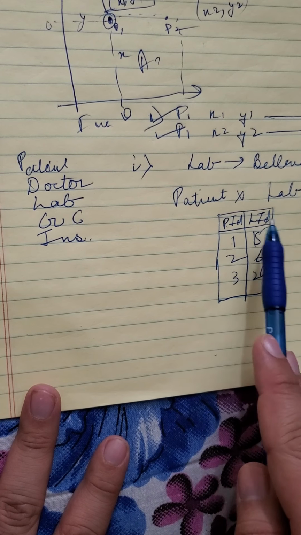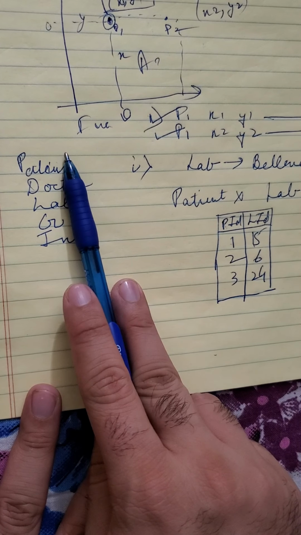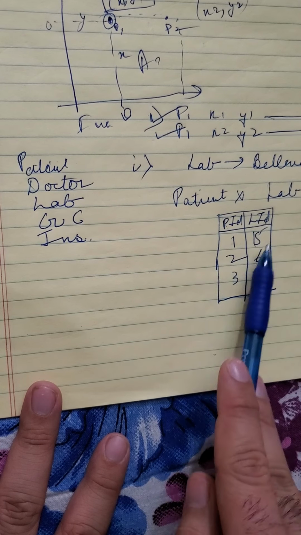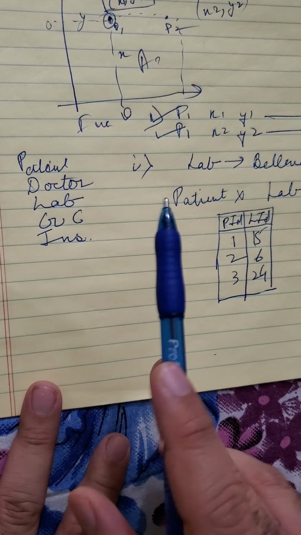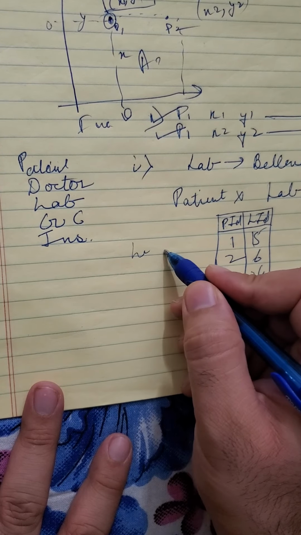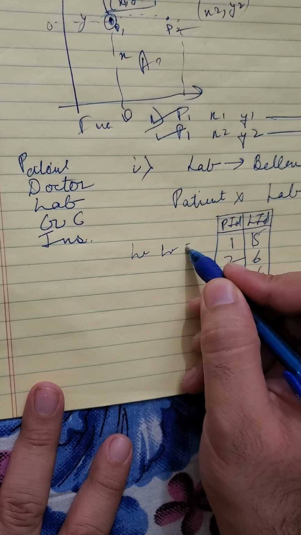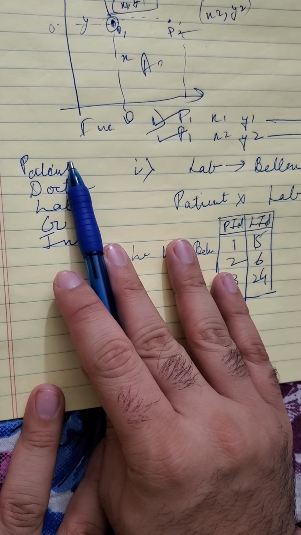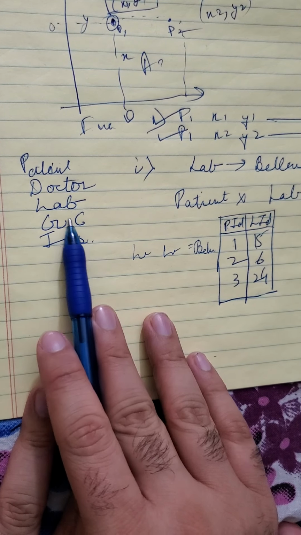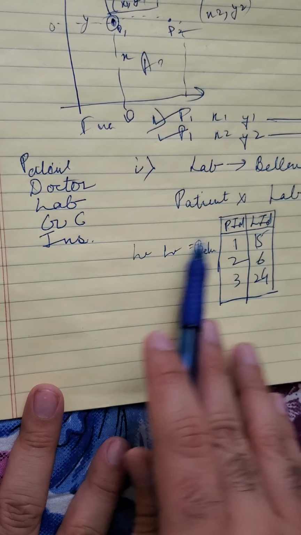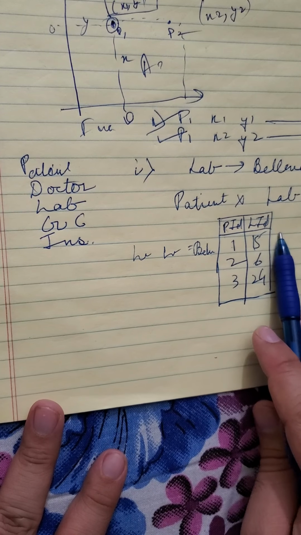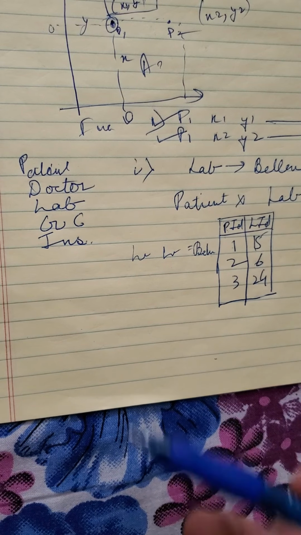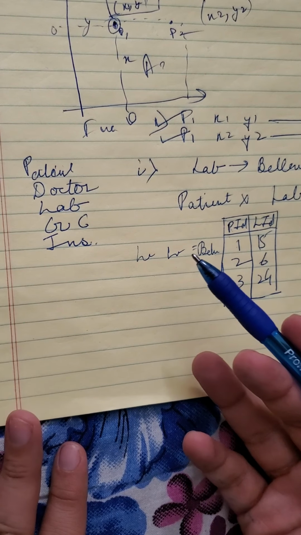So what you simply do, the question is labs in Bellandur, so you join this fact to patients and laboratories, where laboratory location is equal to Bellandur. That way you get all the patients across laboratories who are in Bellandur. So that's how you get all the information through facts. There can be various facts. You can create n number of facts for information.